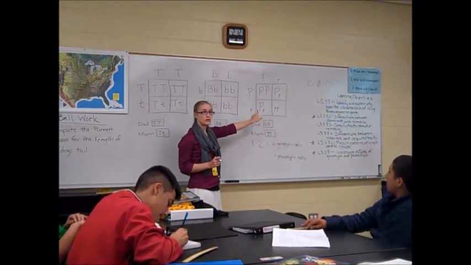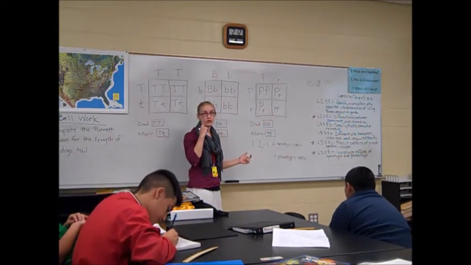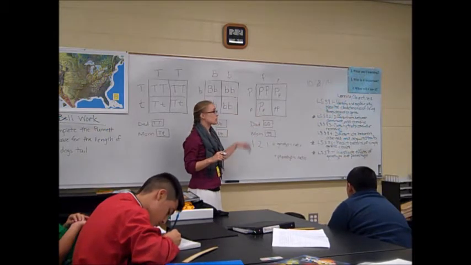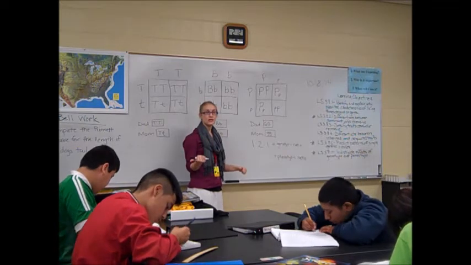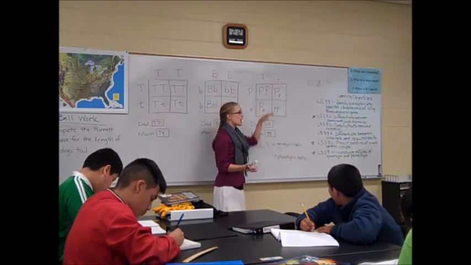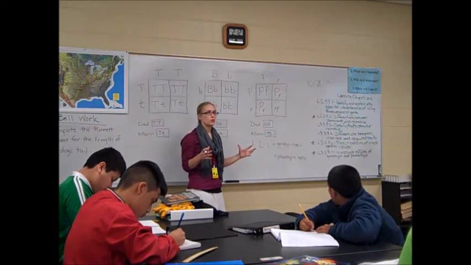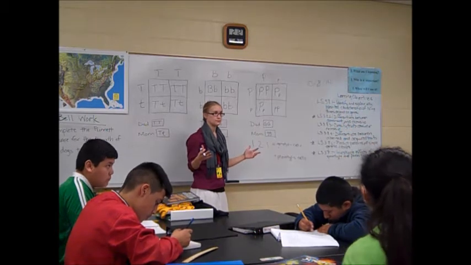So I've looked at the alleles. Now I want to figure out what the phenotype of my offspring will be. That means, in this case, I'm going to ask myself, how many flowers will be purple and how many flowers will be white? So looking at this Punnett square, how many of my offspring will be purple? Iris?